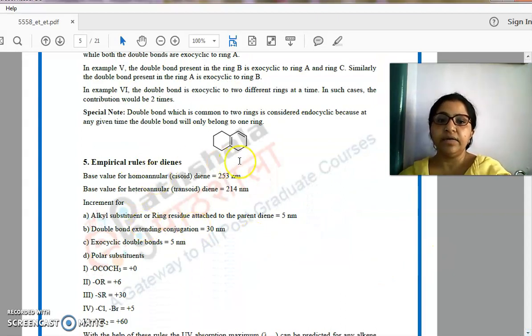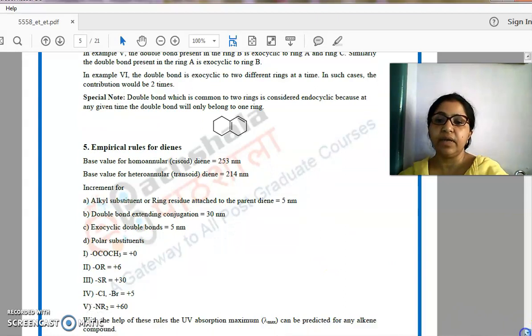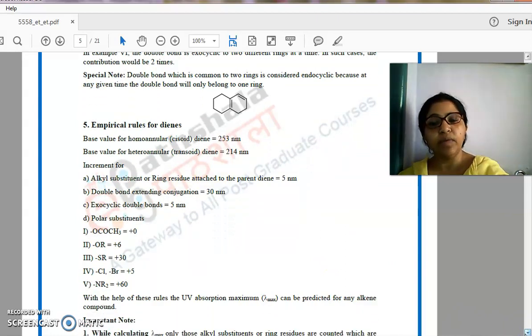Supposing the ring is having some kind of substitution, that is alkyl substituents or ring residues attached to the parent diene, it is 5 nanometer. Double bonds extending the conjugation, you have to add 30. Exocyclic double bonds, 5. Polar substituents have got different values.